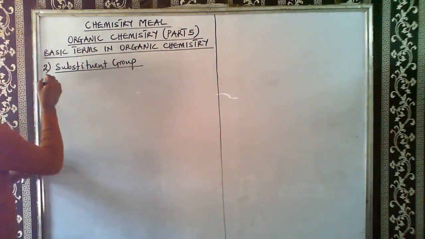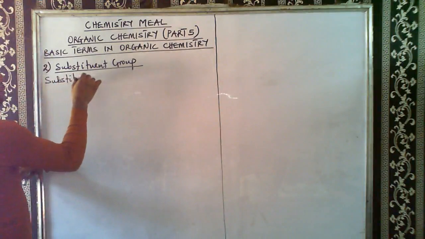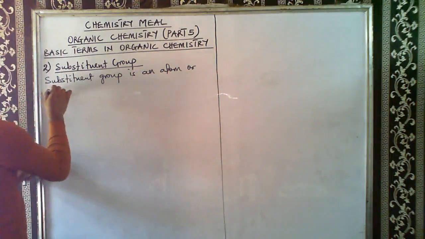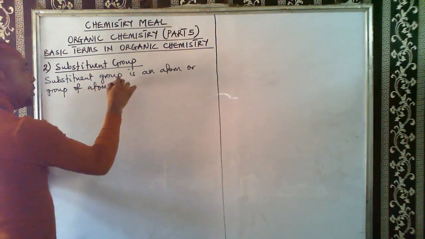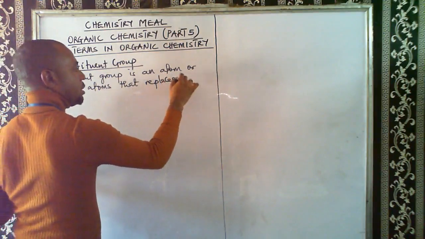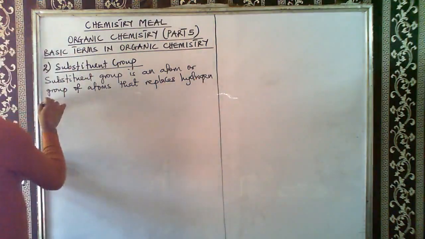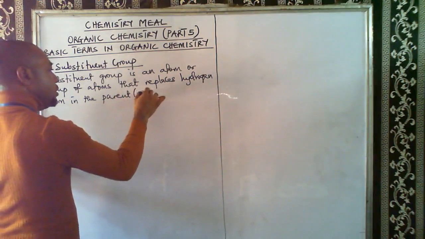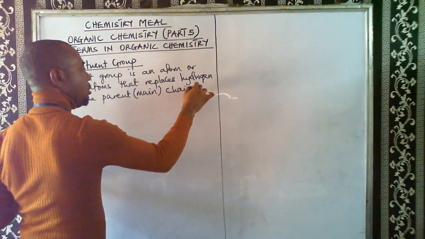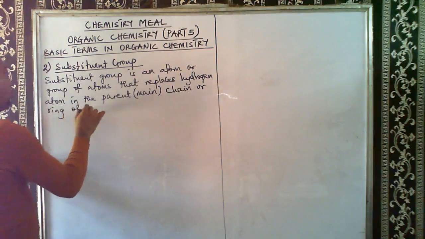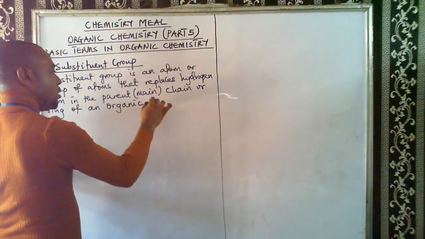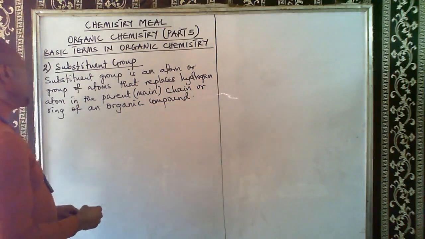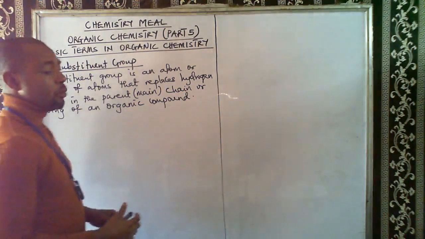So say that substituent group is an atom or group of atoms that replaces hydrogen atom in the parent or main chain or ring of an organic compound.